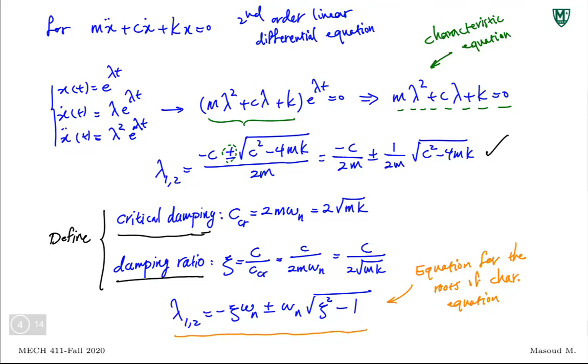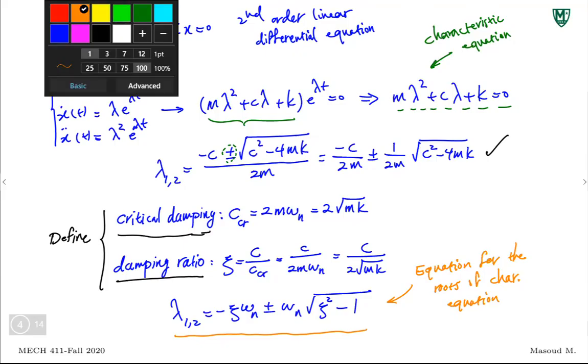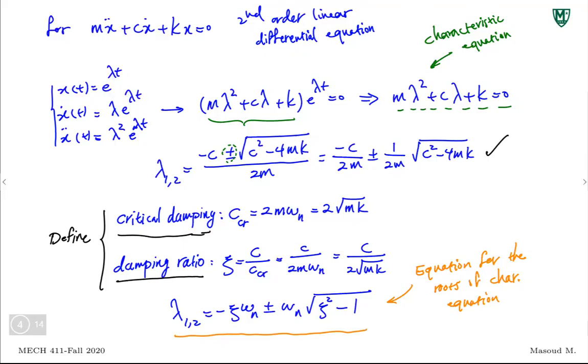Now, how do they change? In this situation, I'm going to have three cases. If you look at the square root part of the equation, this zeta squared minus 1 can decide how many roots we are going to get. If zeta is equal to 1, what happens?